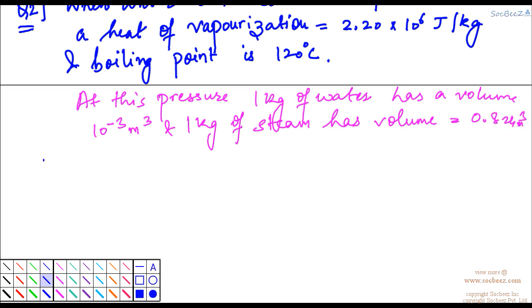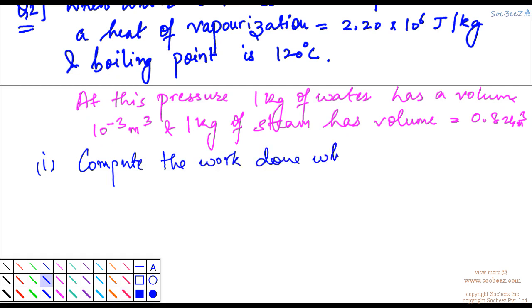What you have to find is to compute the work done when 1 kg of gas, or 1 kg of steam, is formed at this temperature.